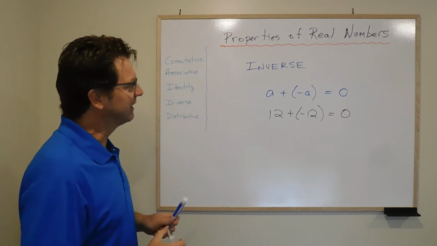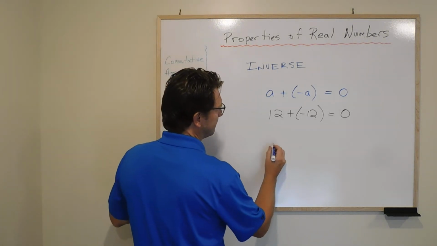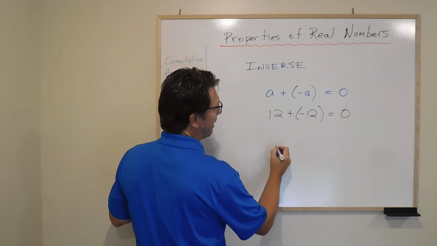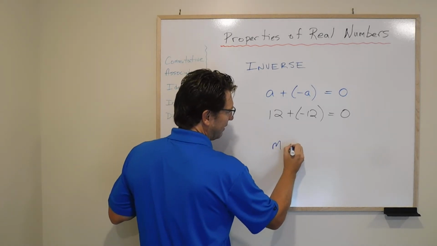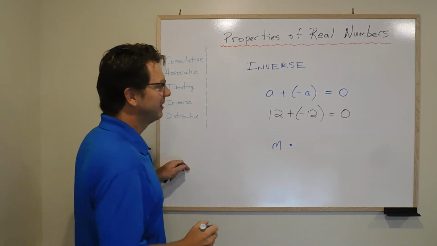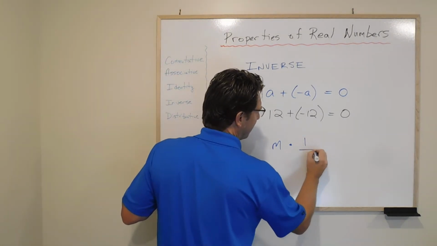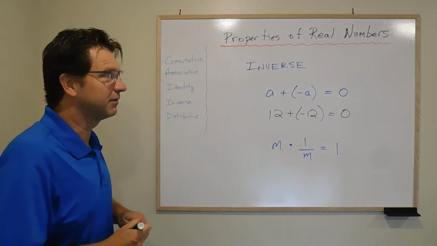But not surprisingly, there's a connection with multiplication. If I take a number, we'll call it m in this case, and I multiply. Now remember, we can use a dot instead of a multiplication if we choose to. And I multiply its inverse, 1 over m. I'm going to get 1. Okay?